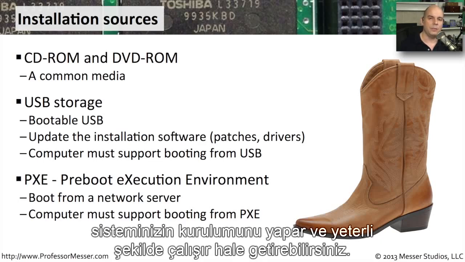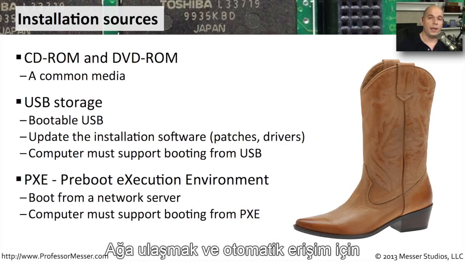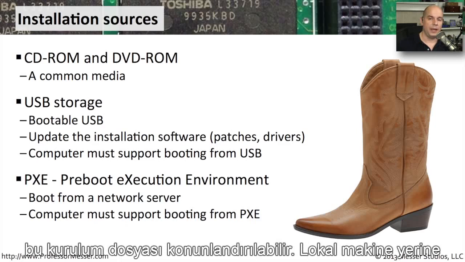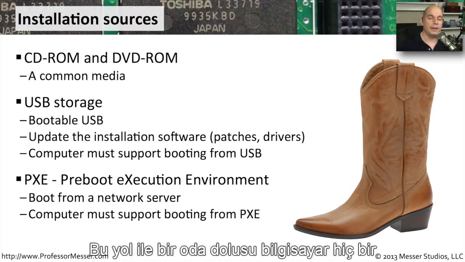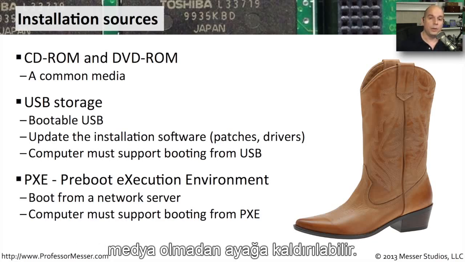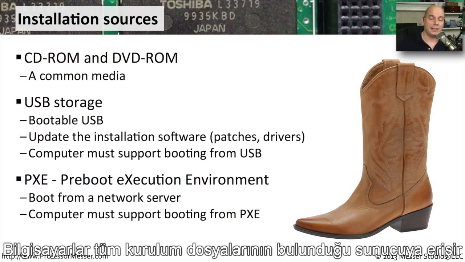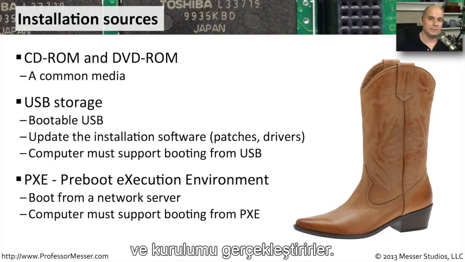This is an environment that gets your system up and running enough to get onto the network and automatically access where this installation may be located. So instead of having physical media on our local machine, the physical media can be referenced across the network. That way you can bring up an entire room full of computers with no media. They can simply access that centralized server to do all of the installation processes.